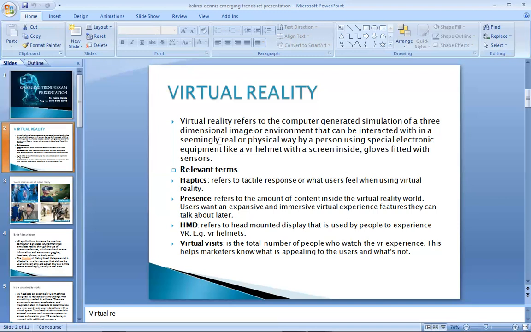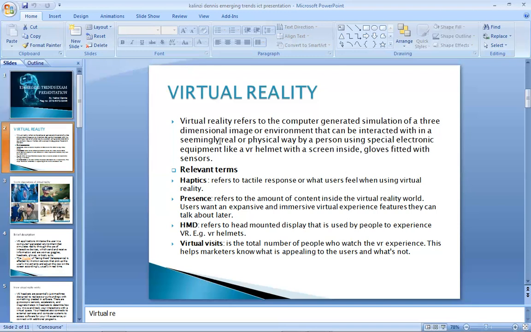So first of all, let me talk about the relevant terms in this emerging trend. Haptics refers to the tactile response, all that the users feel when they are using virtual reality.